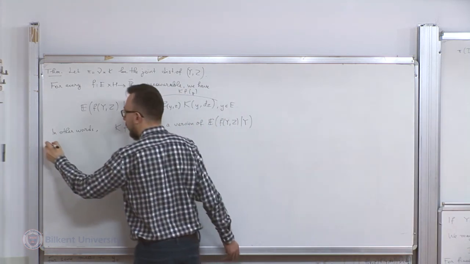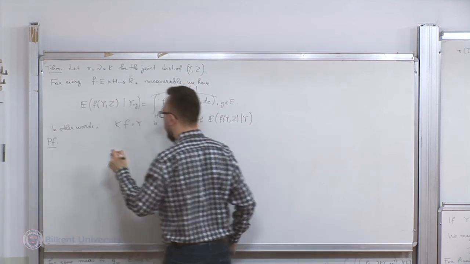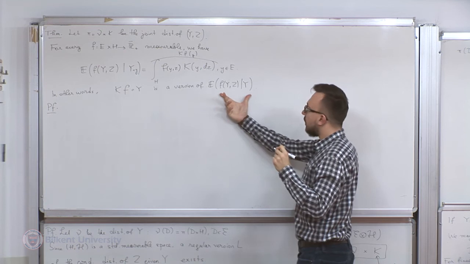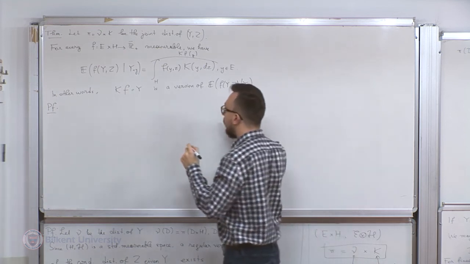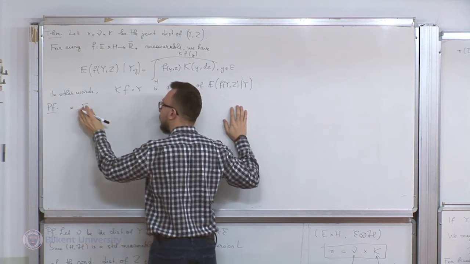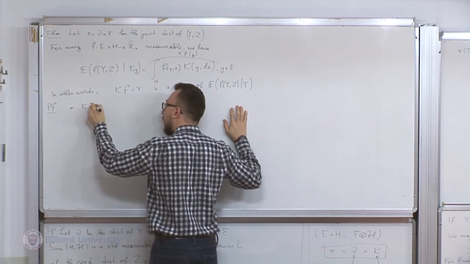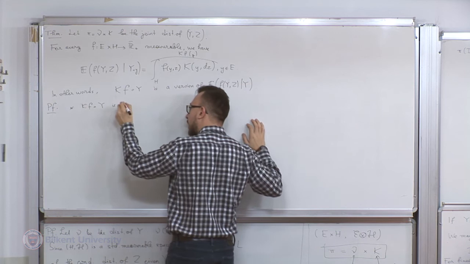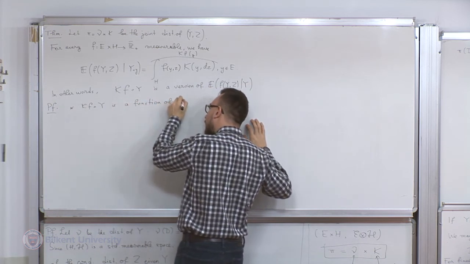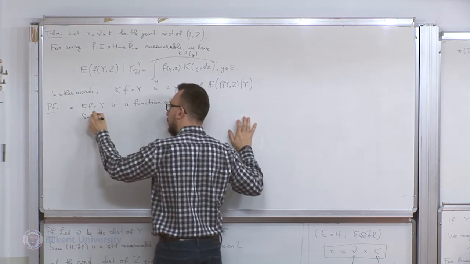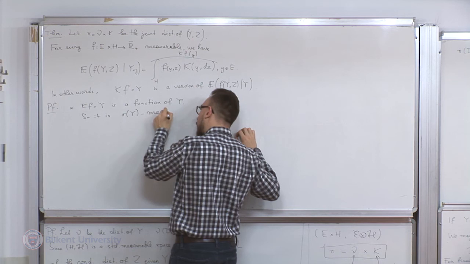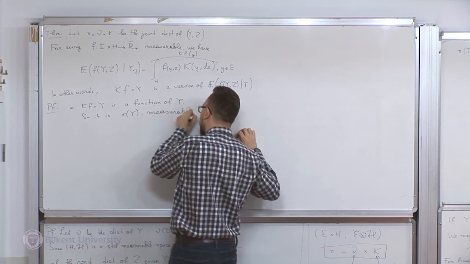So let's check that this is the case. Well, kf of Y being a version of this conditional expectation means we need to check two things. Automatically, kf of Y is a function of Y, so it is sigma(Y) measurable. So there is nothing to do with that.